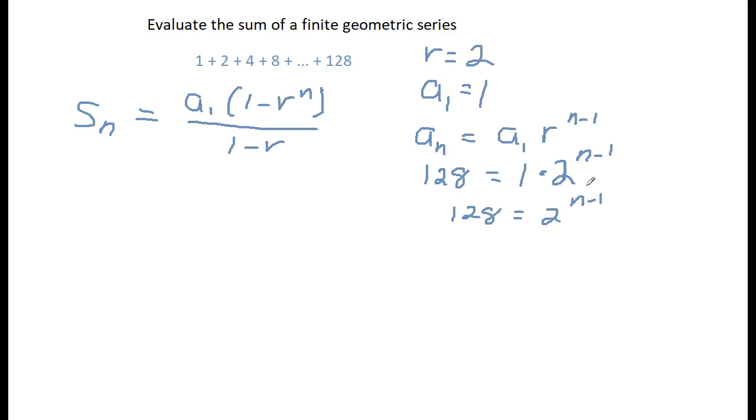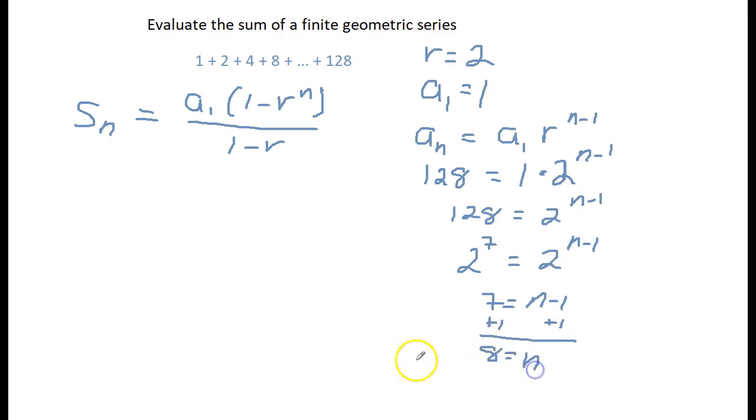Well, 128 just happens to be 2 to the 7th power equals 2 to the n minus 1. So what does that mean? It means that 7 has to equal n minus 1. Add 1 to each side, and we get 8 equals n.